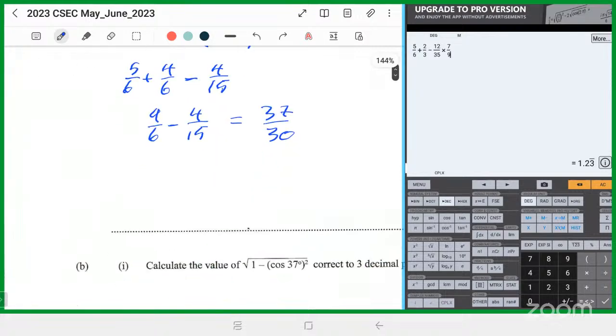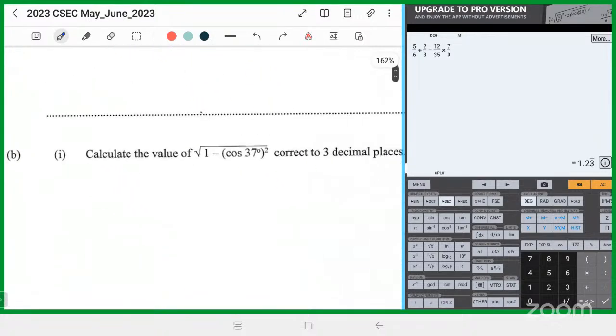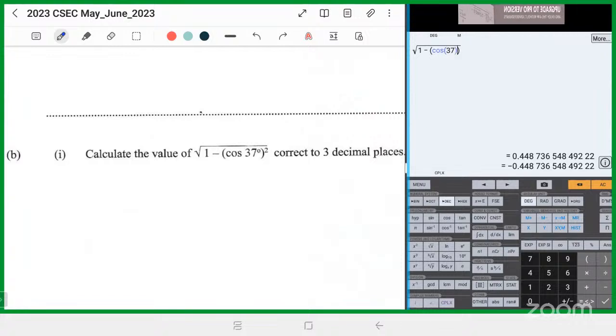All right, next question says calculate this value and give the answer to 3 decimal places. So clearly I'm going to put that in the calculator exactly as it appears there. So it's the square root of 1 minus bracket plus 37, close bracket, square that.